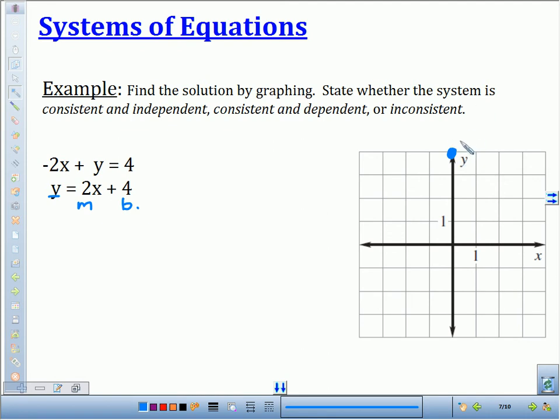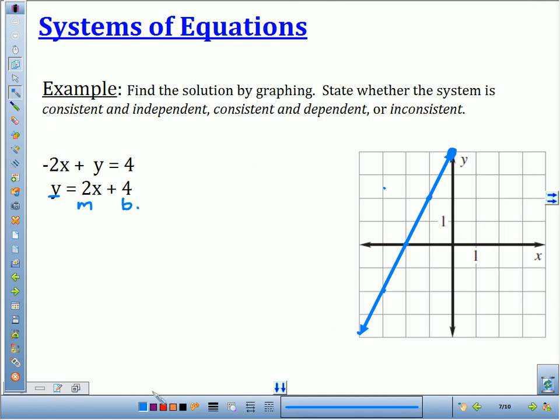Since that would take me off of the graph, I'm going to do the equivalent move of down 2 and backwards 1. If I had put a point there, it would still work. Now, I can do that a couple of times and graph that line. And there we have it.